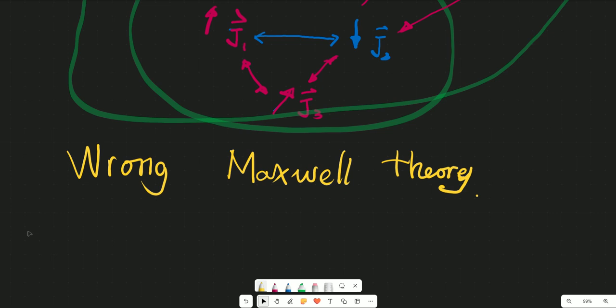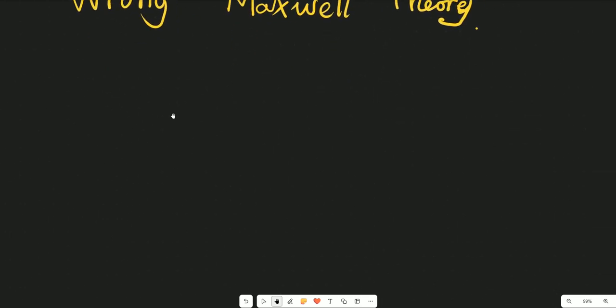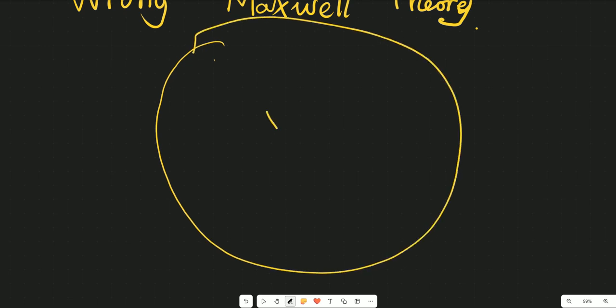Even if only has one antenna, this antenna will radiate energy.